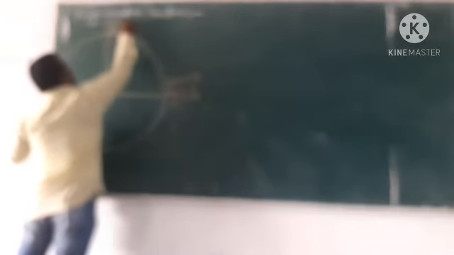Then cos pi by 2, sin pi by 2 is the point (0, 1).